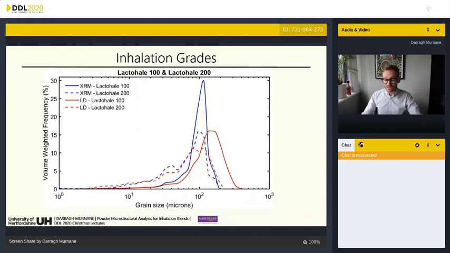And of course, we need to remember that the laser diffraction is really a derived diameter based on a number of optical principles, whereas the particle size distribution from X-ray microscopy is calculated directly from the volume of each individual particle, not involving those assumptions of sphericity. So we're able to pull out particle size distributions, quantitative information, which is highly useful for us.